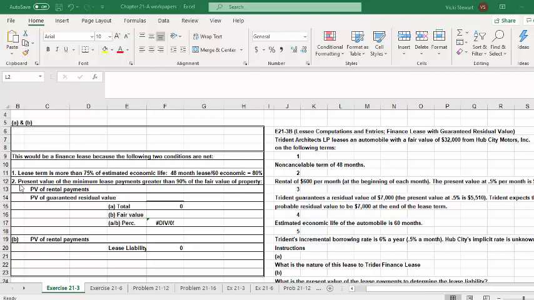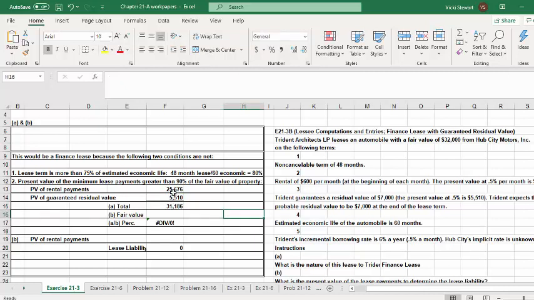But let's go ahead and look at the present value of the minimum lease payments to determine if they are greater than 90% of the fair value of the property. The problem gave us the present value of the rental payments at $25,676. It also gave us the present value of the guaranteed residual value. So we do have to include that because it's a guaranteed residual value.